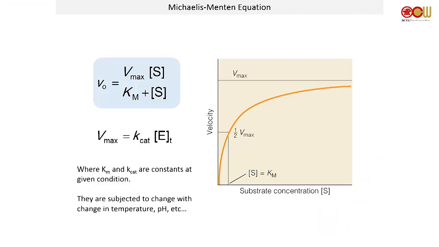So a pH difference will cause a difference in catalysis. If you use acid-base catalysis and the pH all of a sudden changes, then the rate of catalysis will change. So even though I say Km and Kcat are constants, they are constants based on a particular condition. All right, so this is the Michaelis-Menten equation.